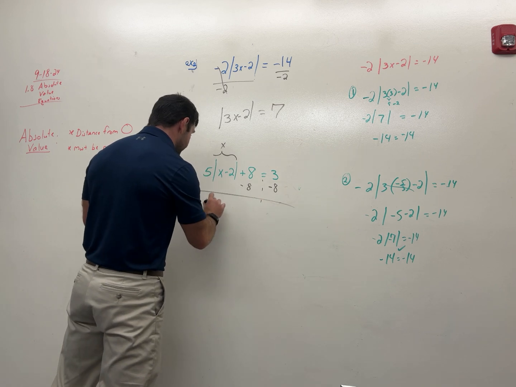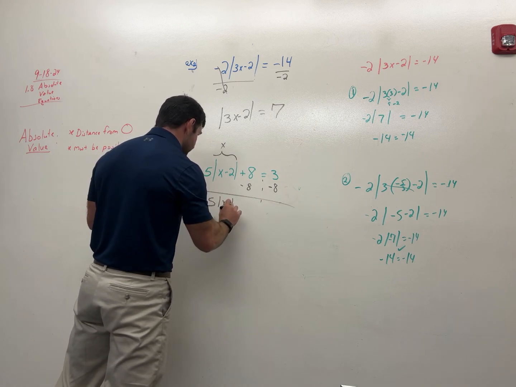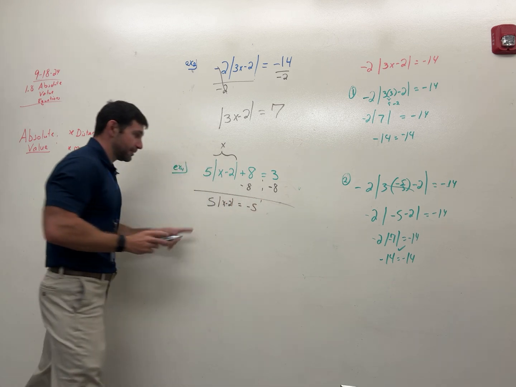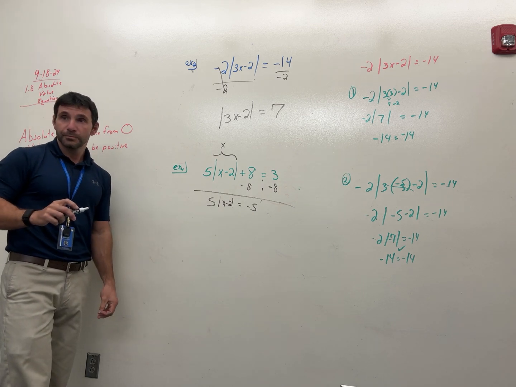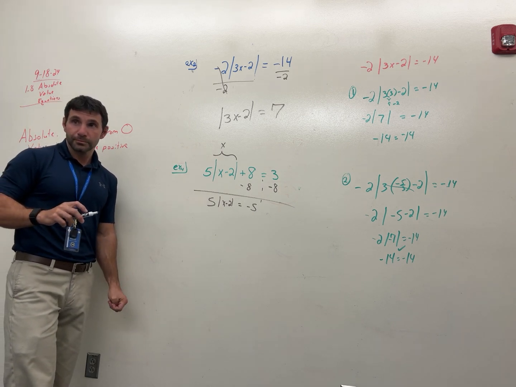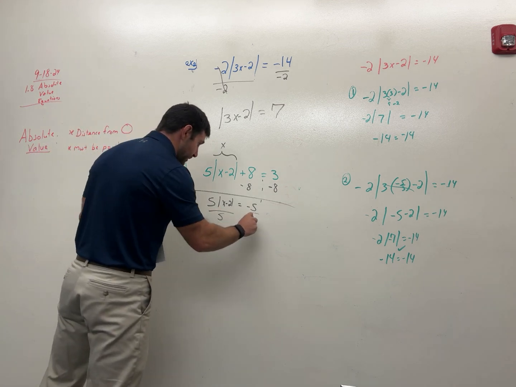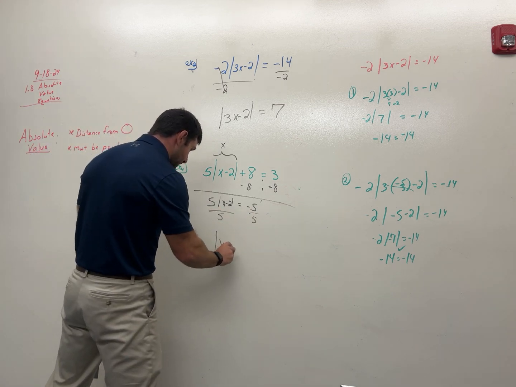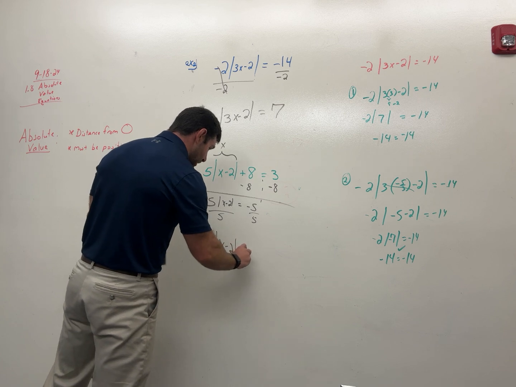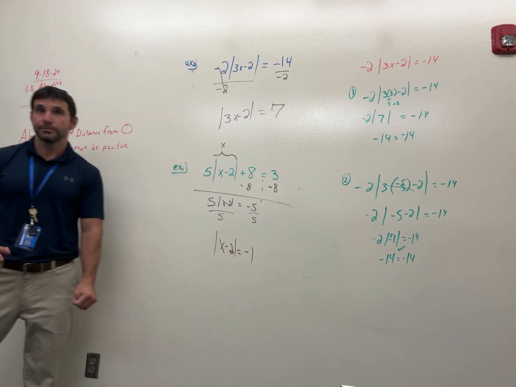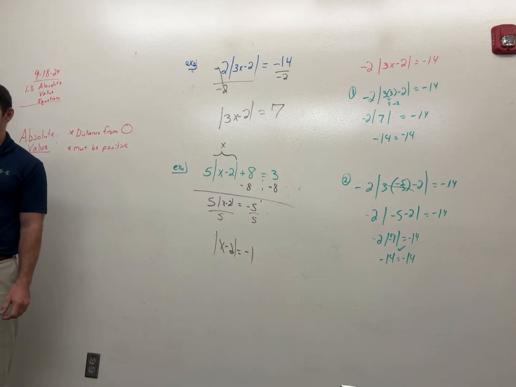That gives me 5 times the absolute value of x minus 2 equals negative 5. Now what? Divide both sides by 5. That leaves me the absolute value of x minus 2 equals negative 1. Absolutely not. We're stopping.